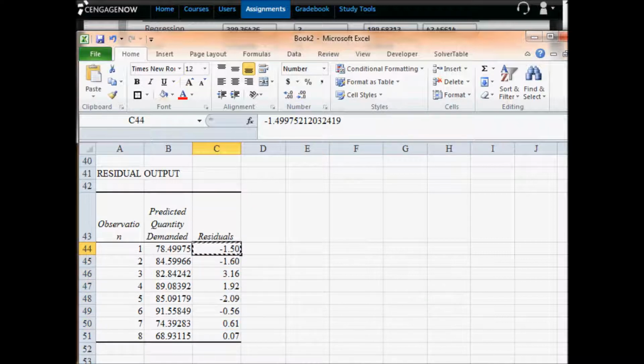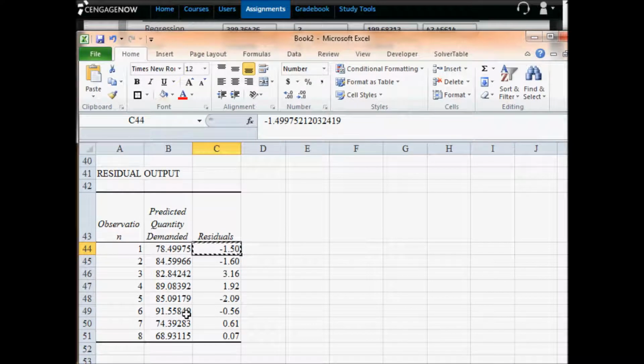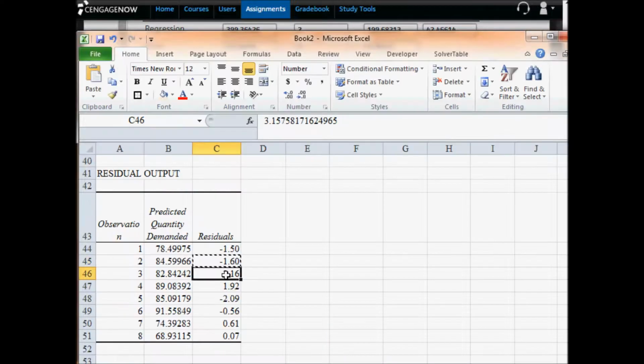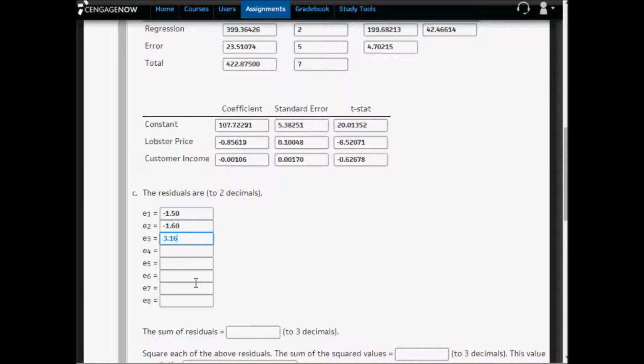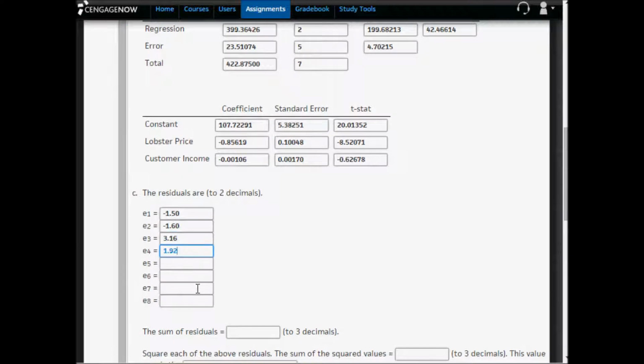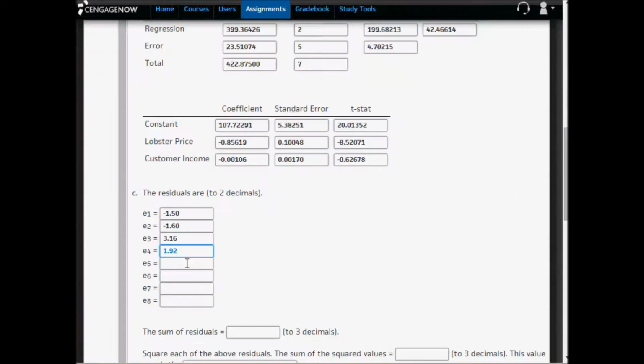So negative 1.50, the first residual. The second residual is negative 1.60. The third estimated error is 3.16. The fourth estimated error, 1.92. The fifth residual, negative 2.09.